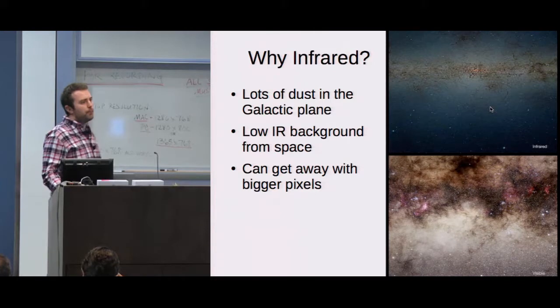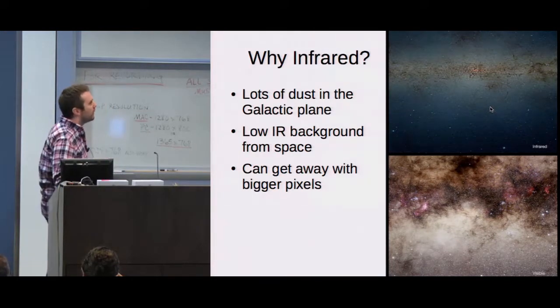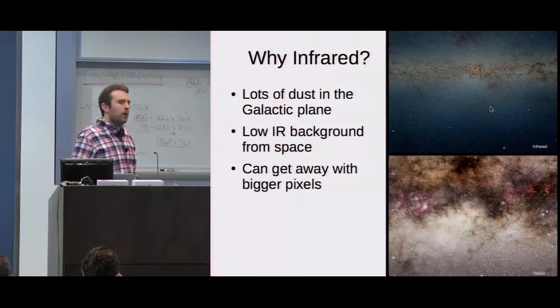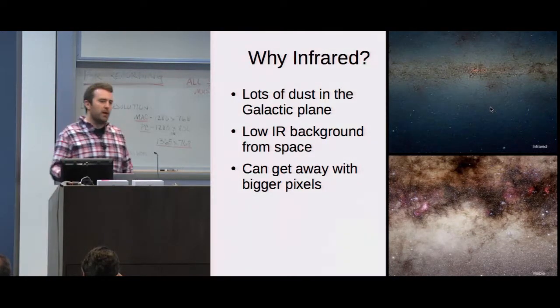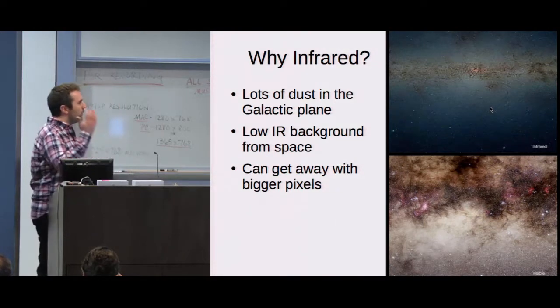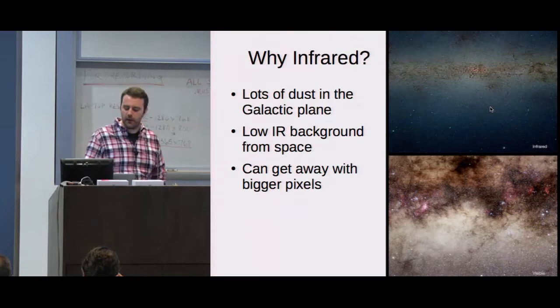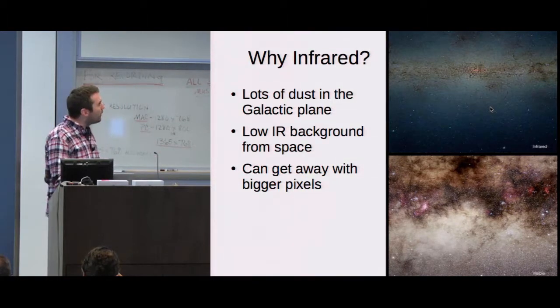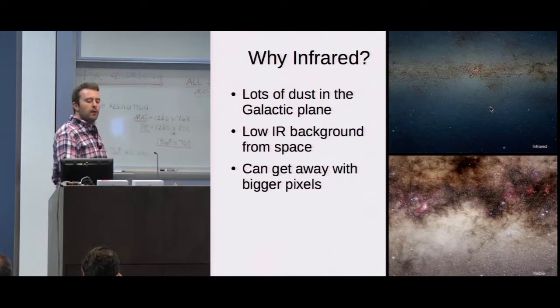Also, there's a much lower sky background in the infrared compared to the ground. So infrared isn't optimal for ground-based observers because you have such a high background, but that goes away once you're above the atmosphere. So you can push further into the red.